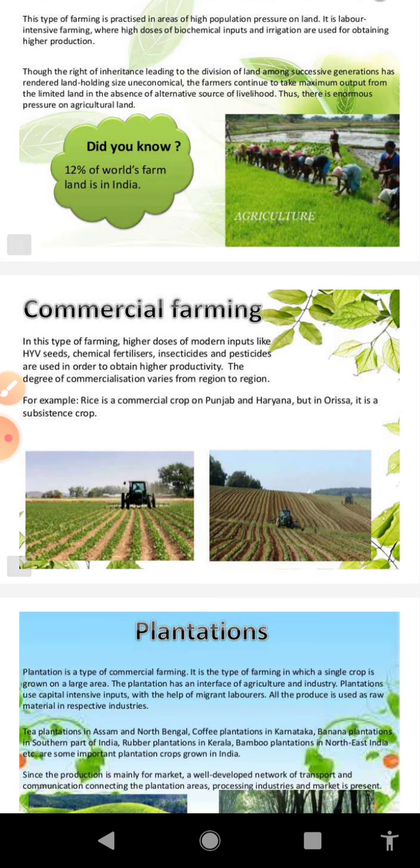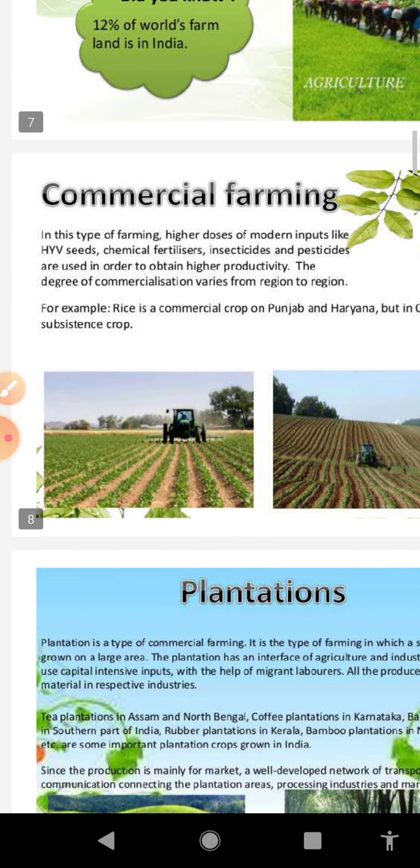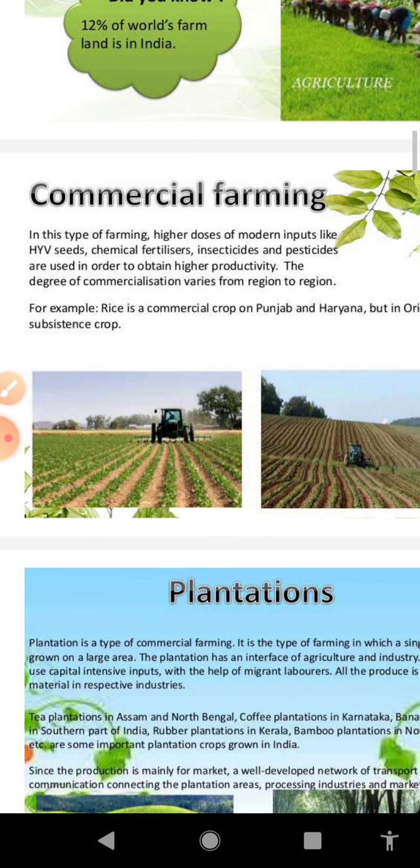Now we will discuss commercial type of farming. In a very simple sentence, this is the type of farming practiced by the farmer to sell agricultural produce in the market according to the geographical condition and market requirement of an area.